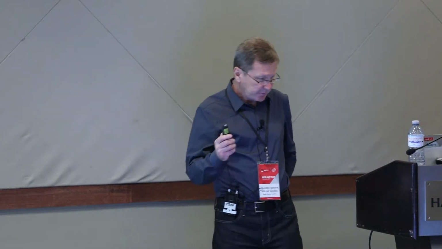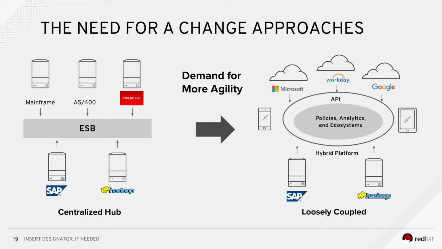So this image actually comes from Gartner, right? Gartner calls this need for change, which is approaching, or approached, if you will, moving from traditional central hub integration into what they call pervasive integration. So integration everywhere, right?